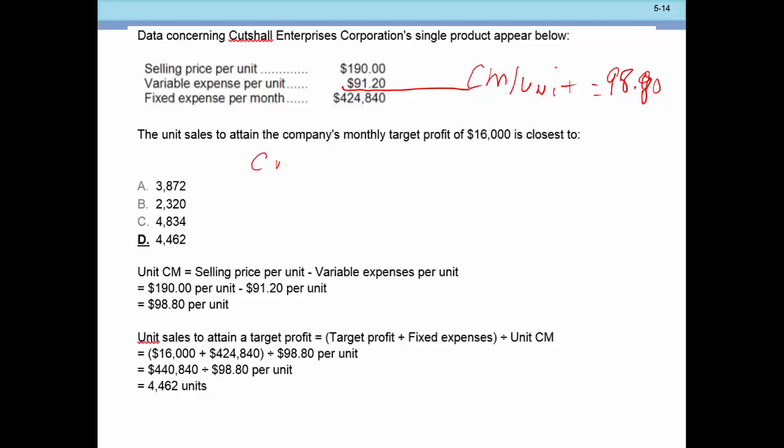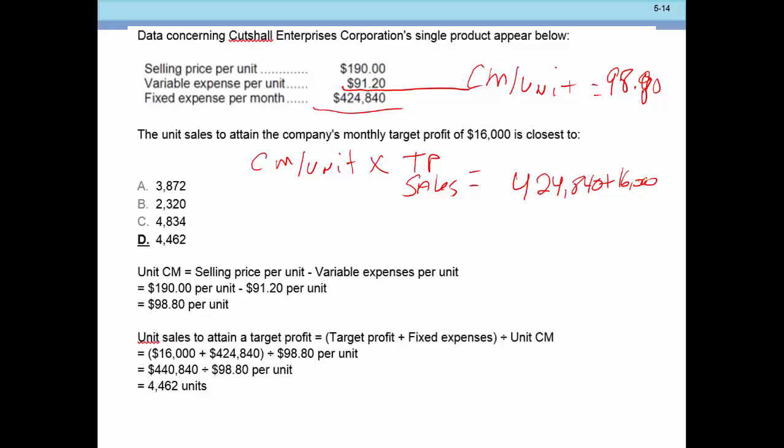the contribution margin per unit times my, and now it's target profit sales, right? Equals, and what's the fixed cost? 424,840 plus what? 16,000 target profit, right? Okay.